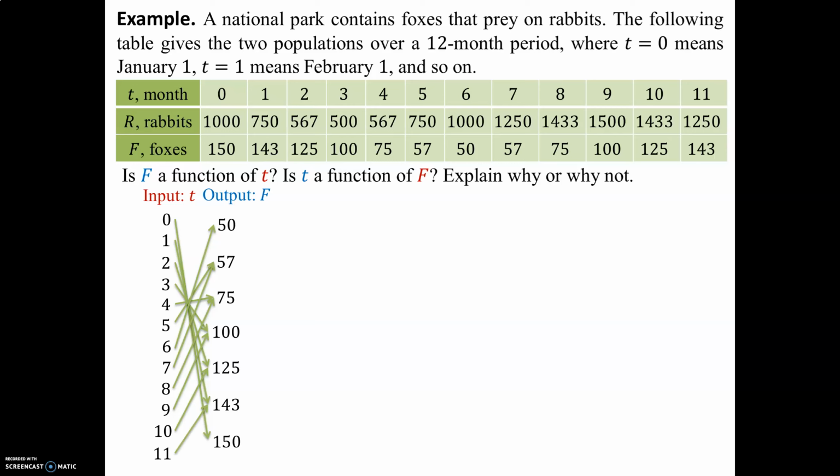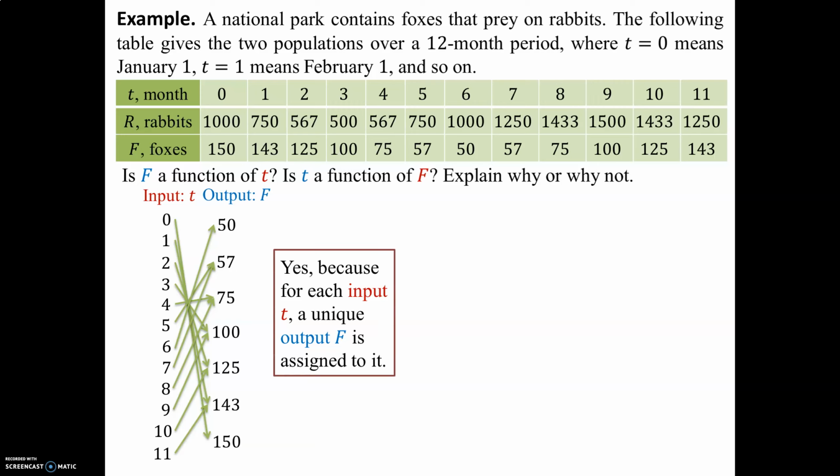Based on the definition of a function, for every input there must exist exactly one output. In this mapping, this is true, because for each input t, a unique output f is assigned to it.